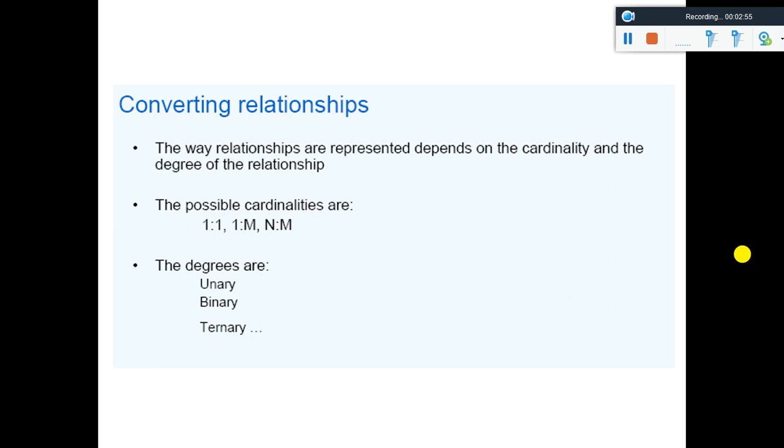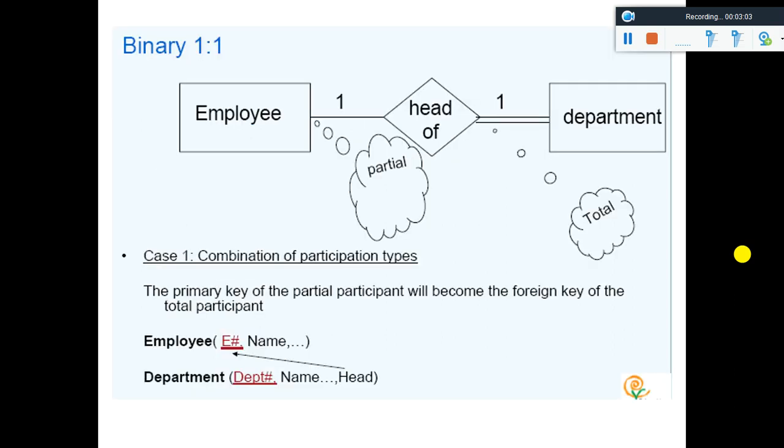Then converting relationships, we have possible cardinalities 1:1, 1:n, and m:n, and the degrees of the relationship are unary, binary, and ternary. First we are taking binary 1:1, where employee head of department is a 1:1 relationship, and department is total participation while employee is participating partially.